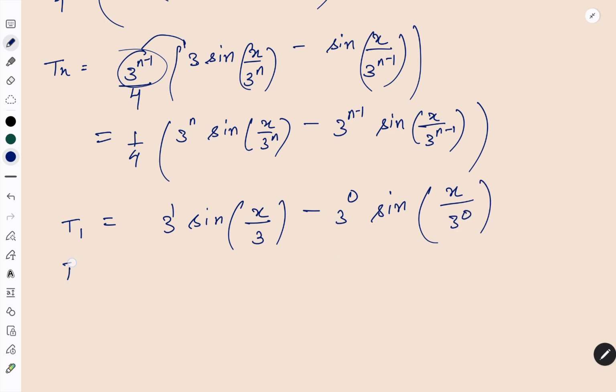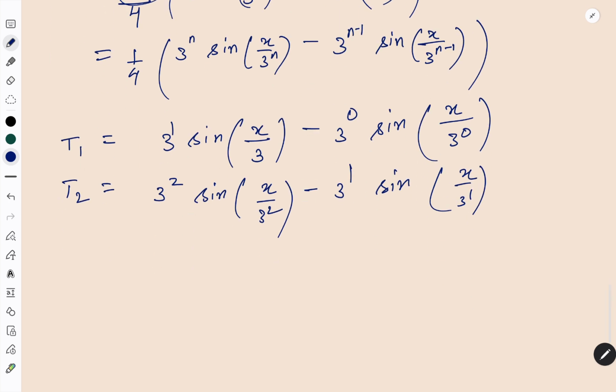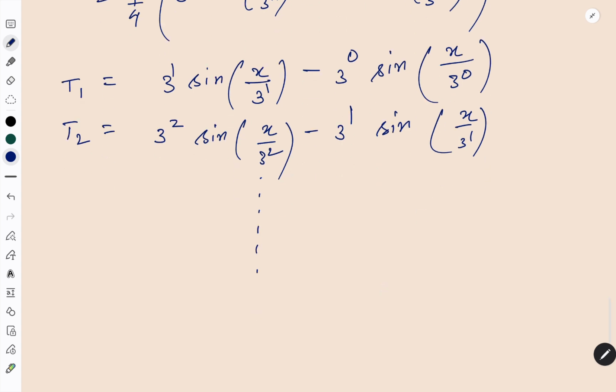Now again I write t2, so it comes down to 3 to the power 2 sine of x over 3 to the power 2 minus 3 to the power 1 sine of x over 3 to the power 1. So I see that I can cross out the terms here. So I'll do it like that.